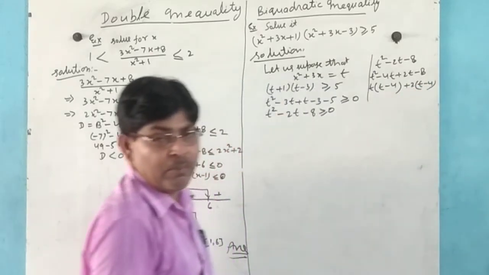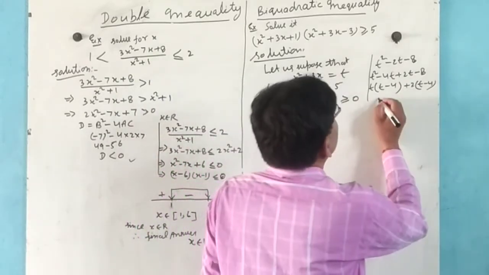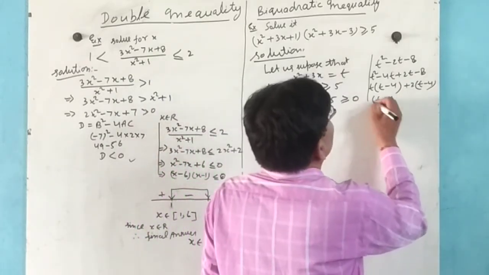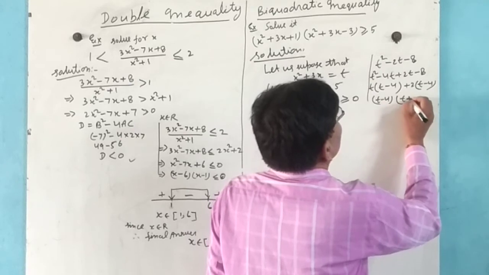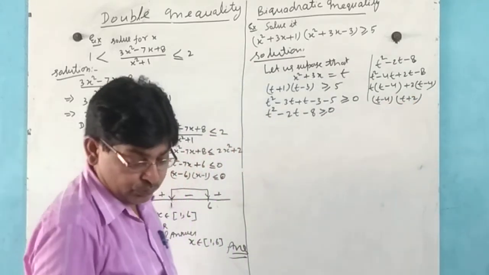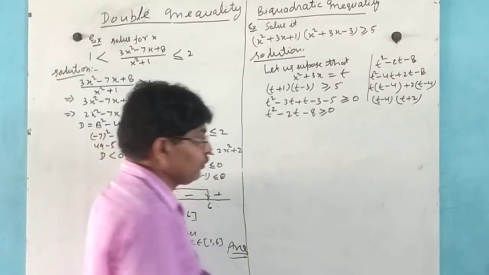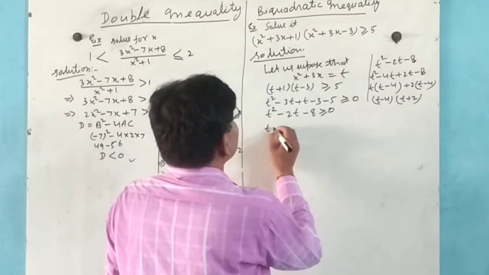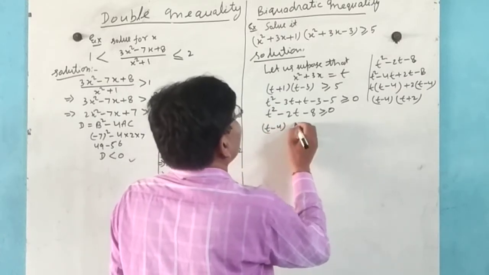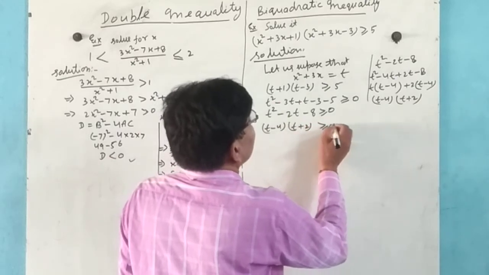Now also take the common t minus 4, here t plus 2. This becomes t minus 4 and t plus 2 greater than or equal to 0.